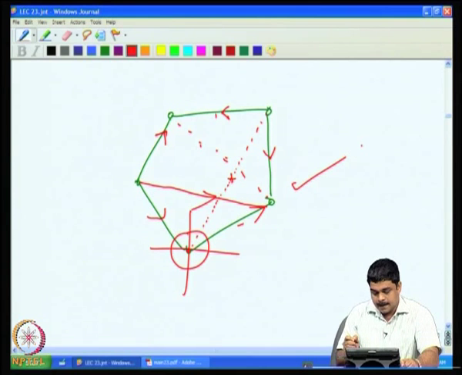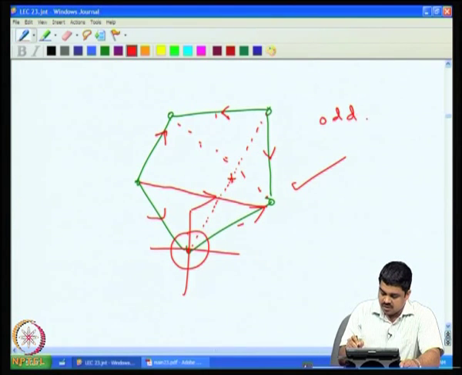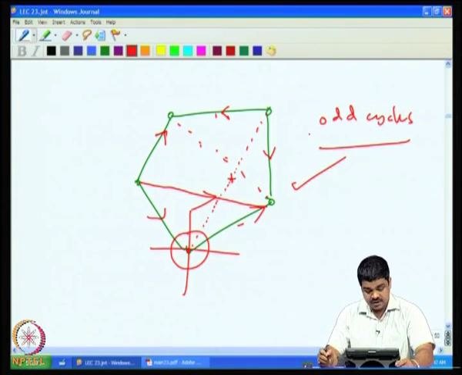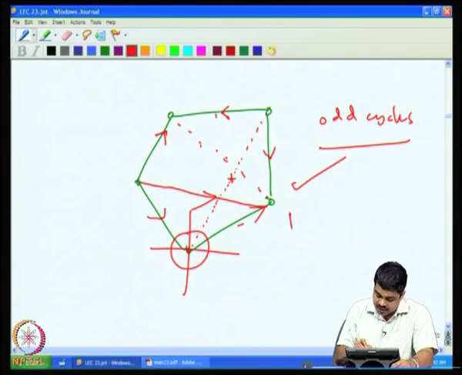So, it is a contradiction. As we can see, this will happen for all odd induced cycles, as long as this edge is not there. If there is an odd induced cycle in the graph, we cannot give arrows consistently. Transitive orientation, as it is called, is not possible.